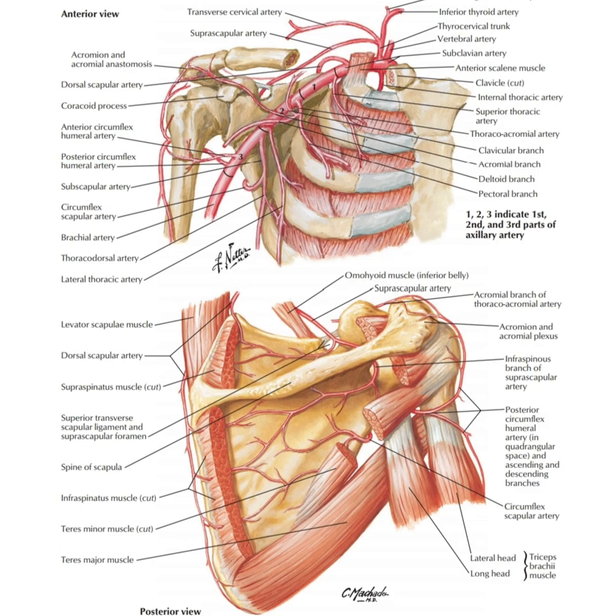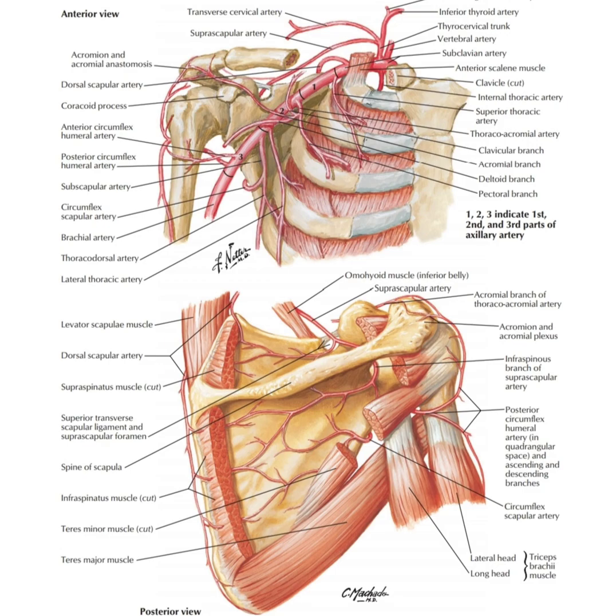Now we will see the names of the branches. From the first part, the superior thoracic artery arises. From the second part, the thoracoacromial artery and lateral thoracic artery arise, and from the third part, the subscapular artery and the anterior and posterior humeral circumflex arteries arise.